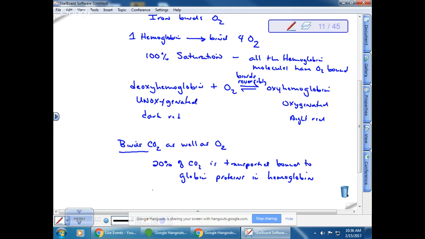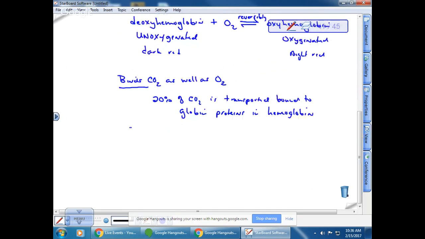The important thing to realize is that carbon dioxide does not compete with the binding sites of oxygen, but rather it binds to the globin protein. So it's not binding to the heme centers. Now this is different than carbon monoxide, right? So when we think about carbon monoxide, which is produced when we incompletely combust, I'm going to put this in parentheses. This is carbon monoxide.